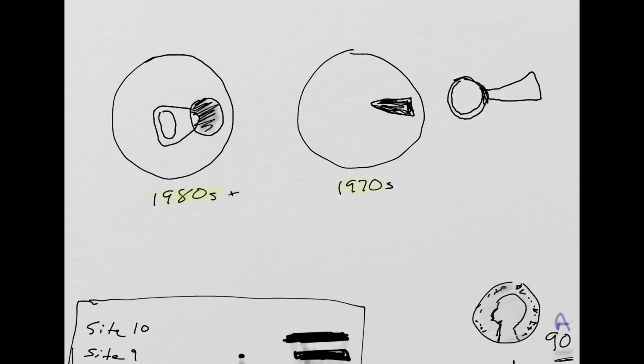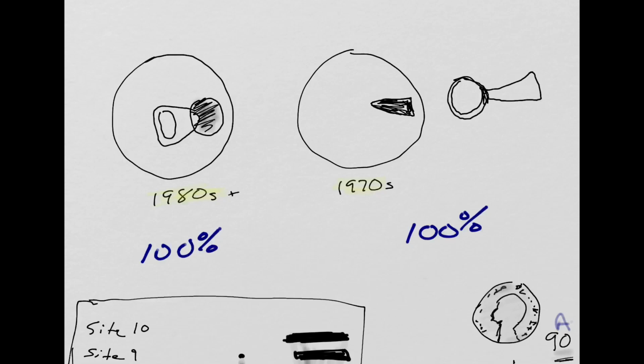And the point is, if you find an archaeological site that is 100% of these pop top cans, then you probably know that this site dates to the 90s or later. But if you find a site that's 100% of these pull tab cans, you know that it's probably from the 1970s.